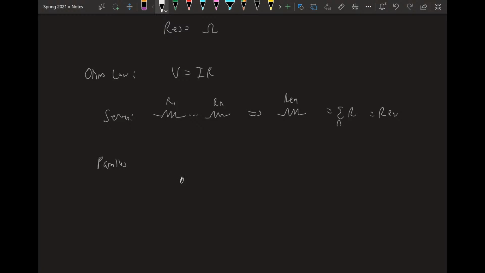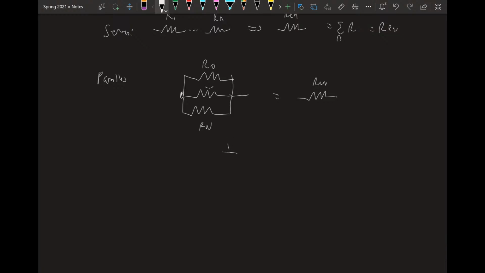For parallel, they have to start and end at the same node. So if I'm here and I go here, all these three are in parallel. If I start R0 through Rn, I can also turn this into an equivalent resistance. But this time, the equation is 1 over R equivalent equals the sum of 1 over all of these resistances, right? And they have to start and end at the same node.